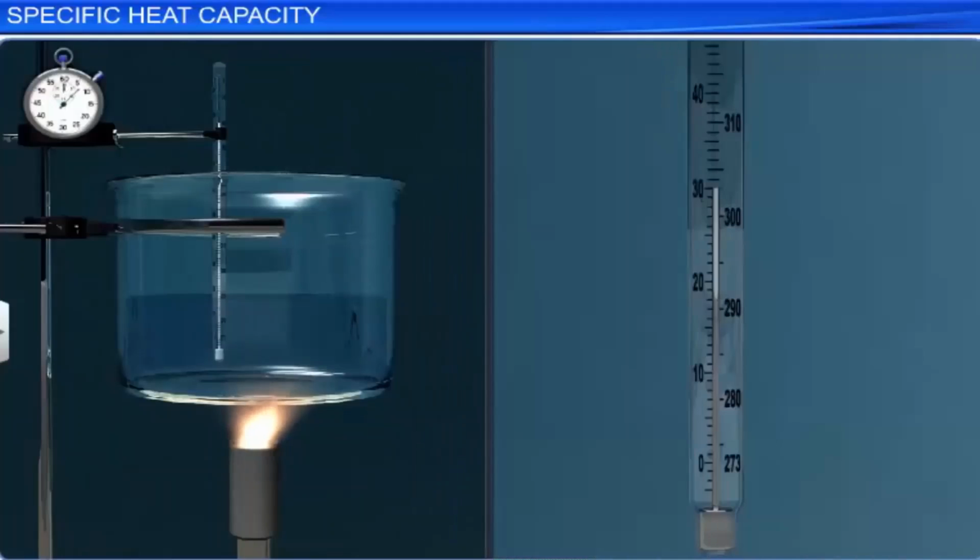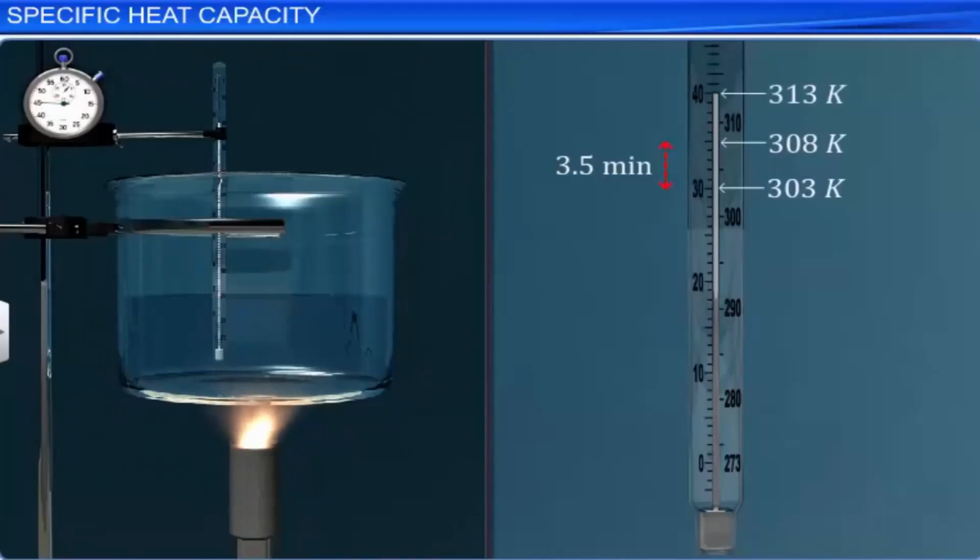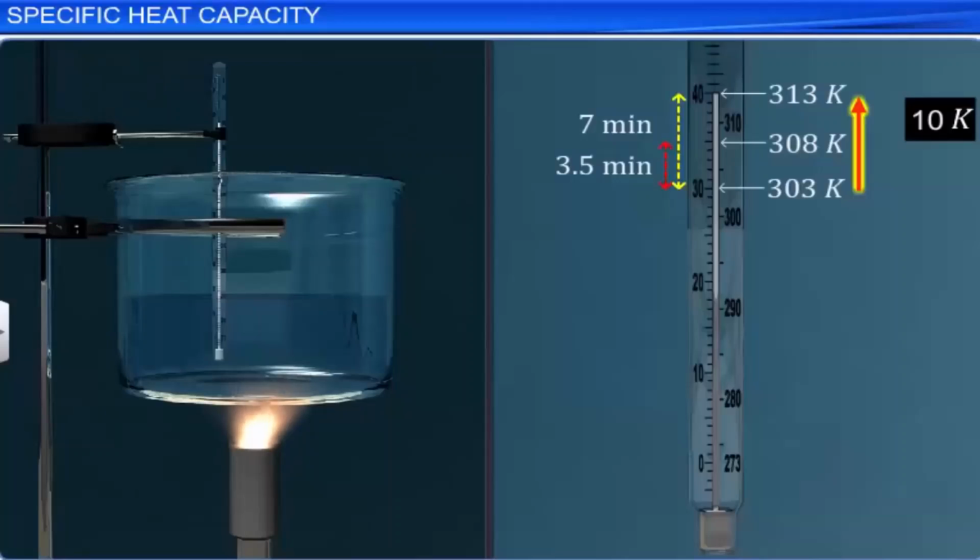If the initial temperature of water is 303 Kelvin and the temperature is increased to 308 Kelvin at the end of 3.5 minutes, and to 313 Kelvin at the end of 7 minutes, the amount of heat absorbed for a rise in temperature of 10 Kelvin is double the amount of heat absorbed for a rise in temperature of 5 Kelvin.